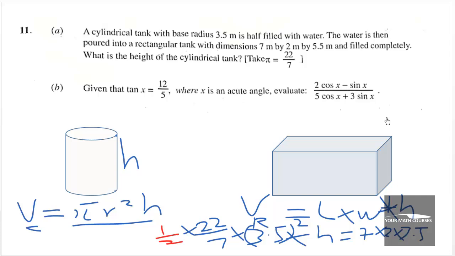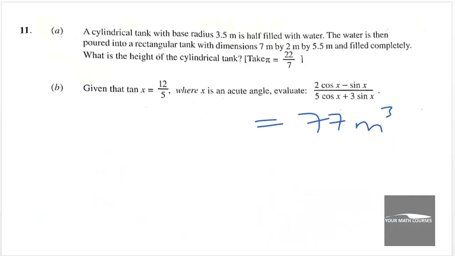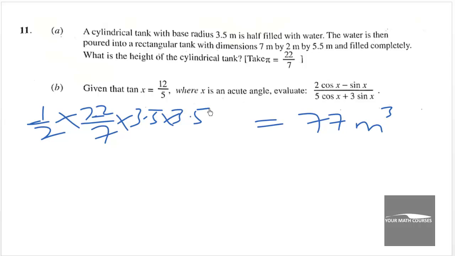On the left hand side, we can expand and simplify. We have 1/2 times 22/7 times 3.5 times 3.5 times height h.